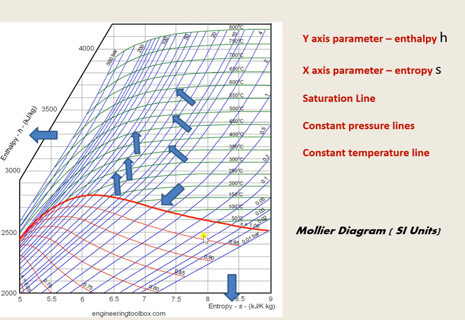Therefore, you can locate the state of steam inside the saturation line either with pressure or temperature, knowing the dryness fraction. The dryness fraction lines are shown like this. Lines which are red in color below the saturation lines are dryness fraction lines.